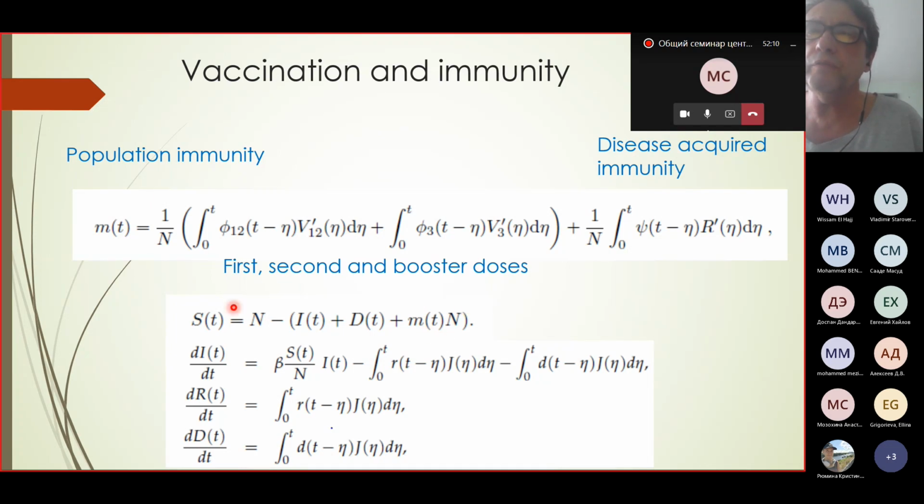So like that, instead of the differential equation for S, we obtain this algebraic equation for S, and then we can substitute it in this equation, and we obtain a closed model. So this is the model which we use to describe epidemic progression, taking into account vaccination and immunity waning.